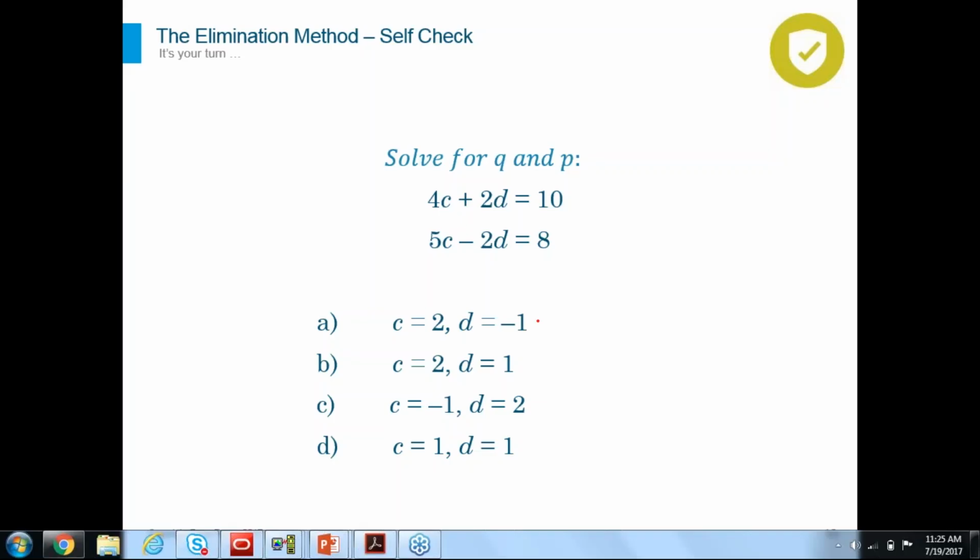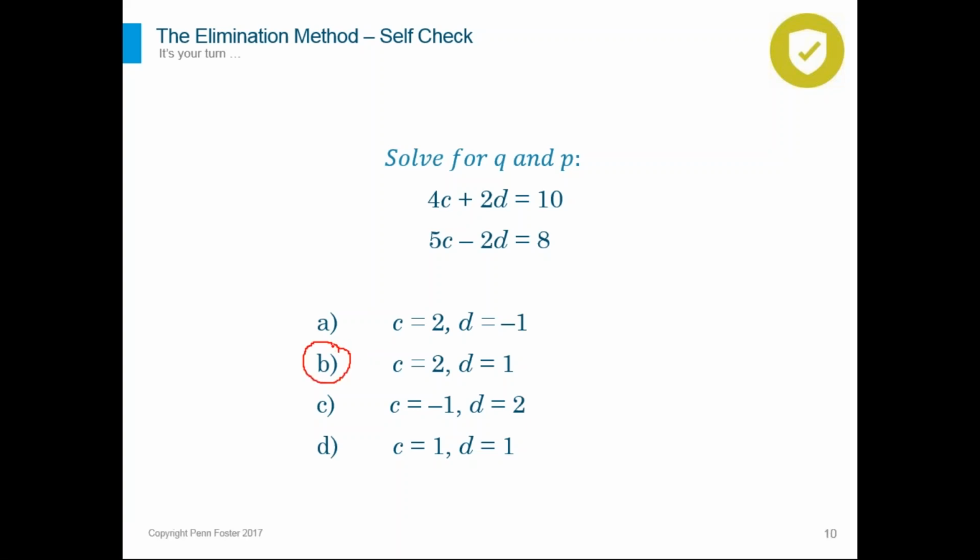Okay, so the final answer, just for your reference, if you get the recording, please try those questions one more time. The answer is B, C equals 2 and D equals 1.